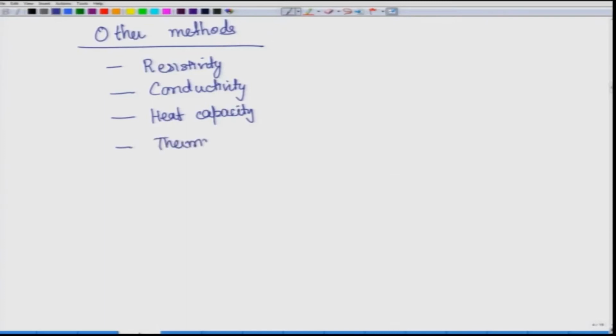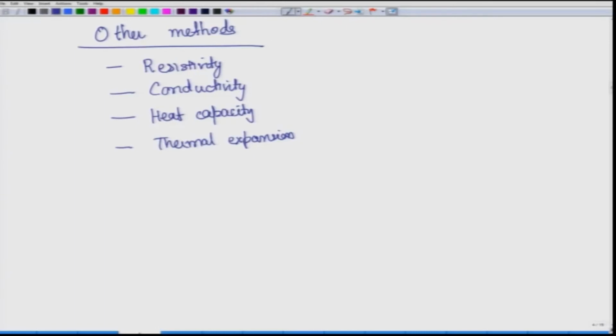So, some properties are measured which relate to the vacancy concentration, the bulk properties which depend on the vacancy concentration. So, these are the only methods. There are not too many methods which can be used for vacancy characterization.